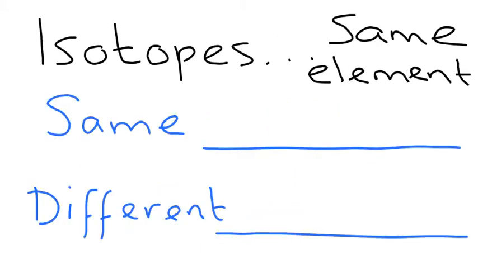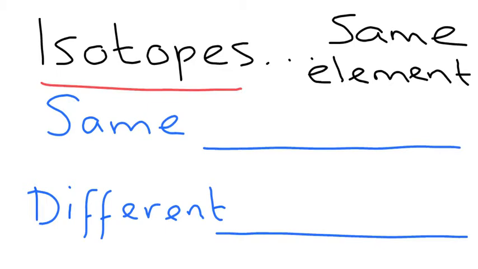You may in the exam be given this word, isotopes. May come across in a variety of different questions. Isotopes are the same element. We talk about isotopes of carbon, isotopes of chlorine. They have similarities, but they also have one key difference.